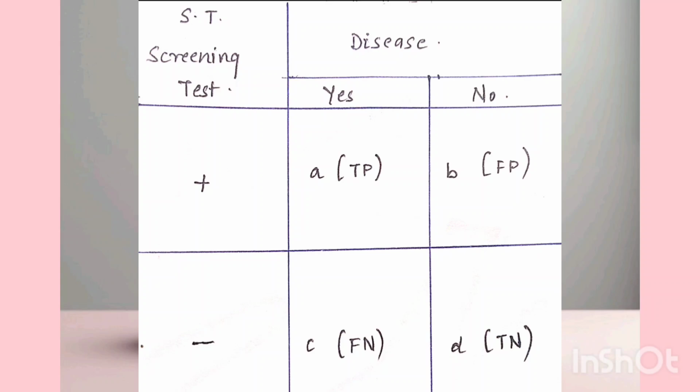D is true negative, when screening test is negative and disease is absent. B is false positive, when screening test reflects positive but there is no disease. C is false negative, when screening test reflects that there is no disease but the disease is present.